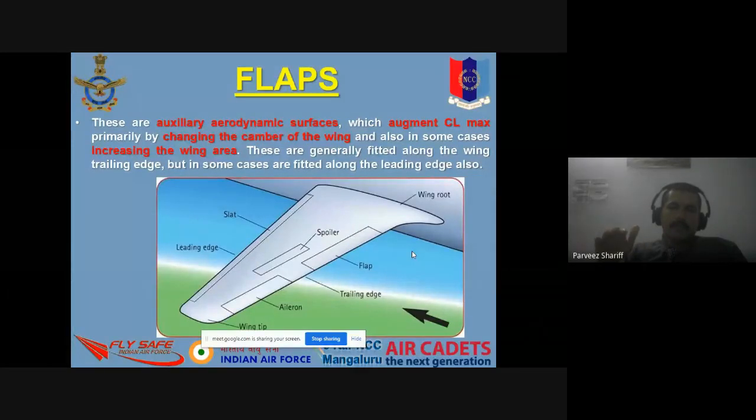When speed is reduced, what happens? It means when you are compromising with thrust, there should be an additional factor to keep the lift up. Otherwise, you will lose the lift, and then weight and drag will start dominating. Then the aircraft will lose its altitude. So to maintain the altitude, when you are reducing the thrust, there should be additional lift.